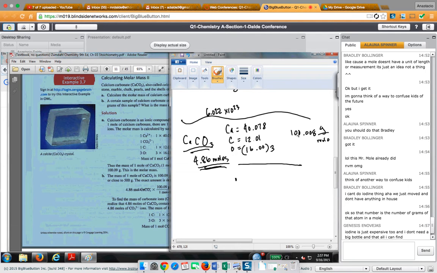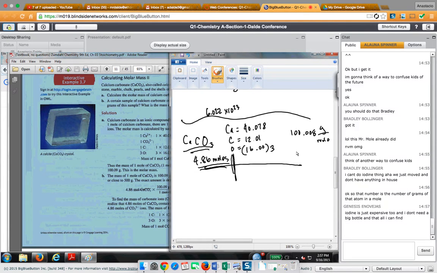I can use this as my conversion factor. Do I put 100.008 grams on top or the bottom? I'm trying to get the grams, so I put it on the top.